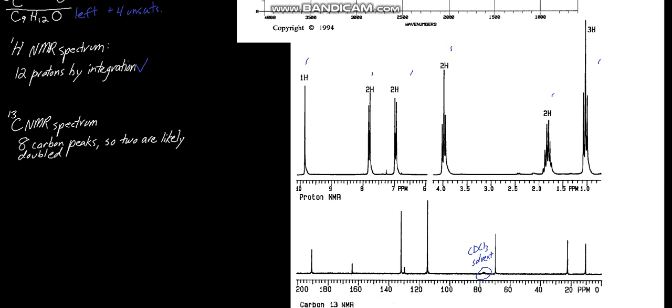So it looks like there's 2 carbons doubled up by equivalence. We can make a very good guess that it's those 2 extra tall carbons. So we've accounted for our atoms in proton and carbon NMR spectroscopy.